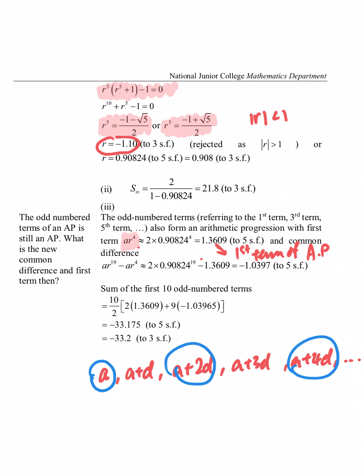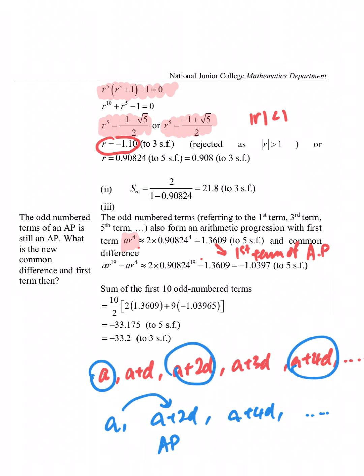These terms that are lifted up, A, A plus 2D, A plus 4D, and so on, still form an AP. It's still an AP, but what is the common difference? The common difference will be 2 times the common difference of the original AP.